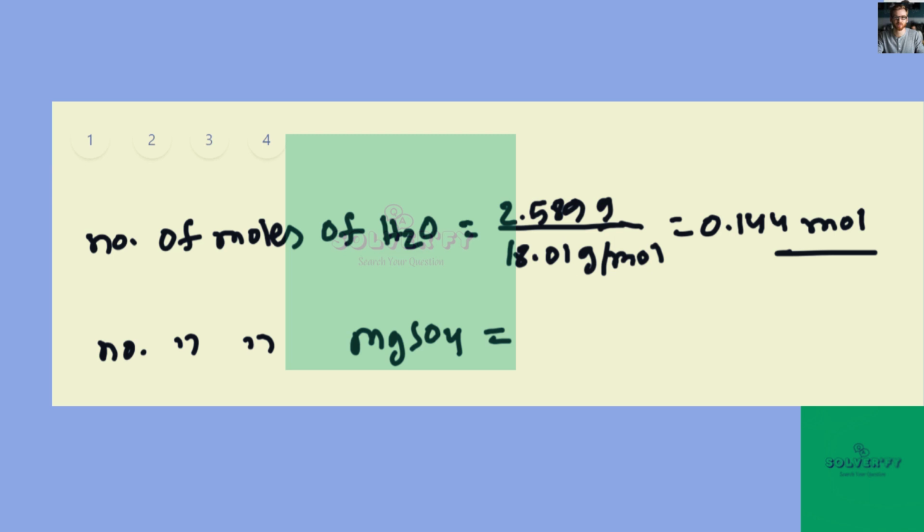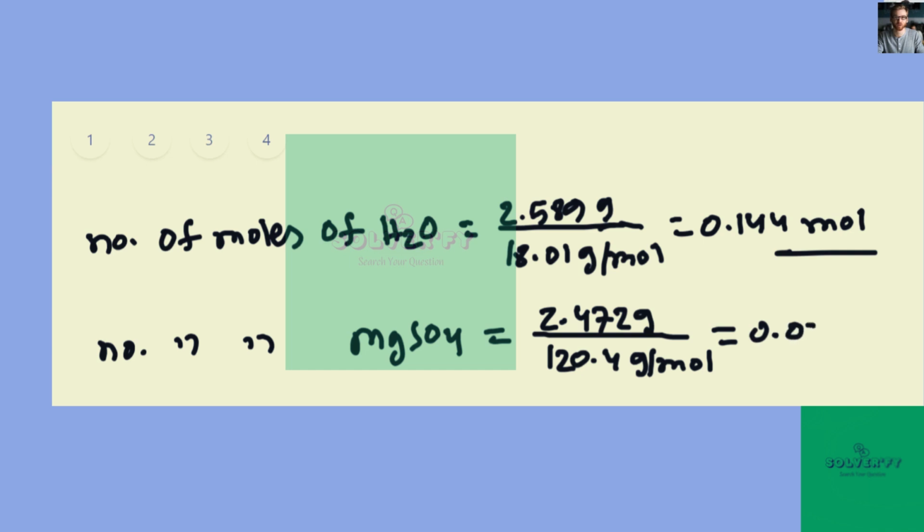So number of moles of magnesium sulfate will be the mass of magnesium sulfate, which is 2.472 gram, over the molar mass of magnesium sulfate, which if we calculate we'll find is 120.4 gram per mole, and this will give us a value of 0.021 mole. So this is the number of moles of magnesium sulfate, and this is the number of moles of H2O. So from here we can see that this is the smallest value.